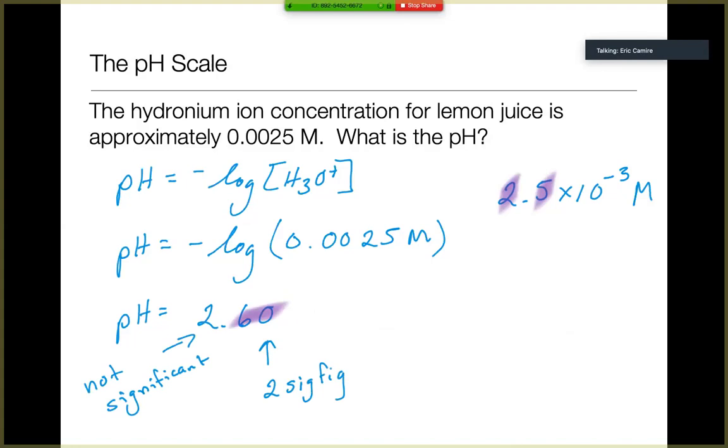Take a look at our scientific notation. We don't count that -3 as a significant figure. It's just telling me where the decimal place goes. It's a placeholder. The same thing here: the 2 is a placeholder because it's on an order of magnitude scale. Like log, every time you go up by 1 log unit, you change by 10-fold.